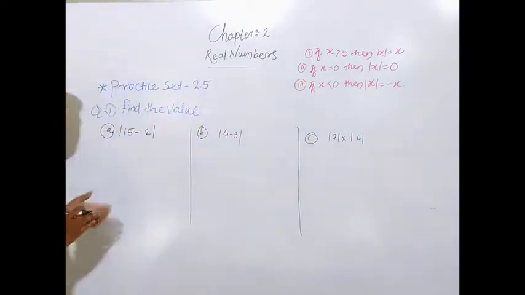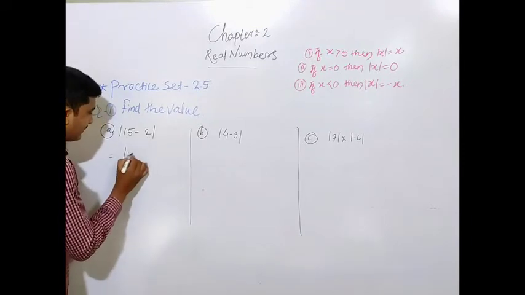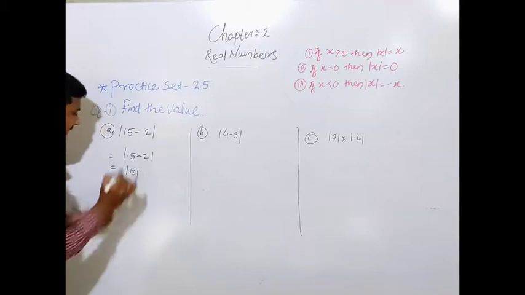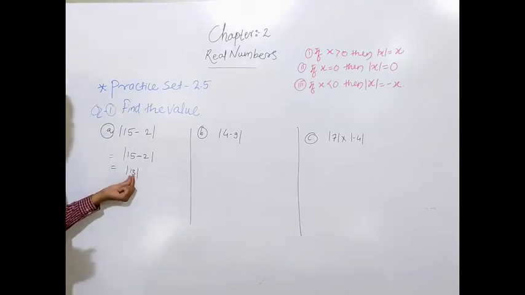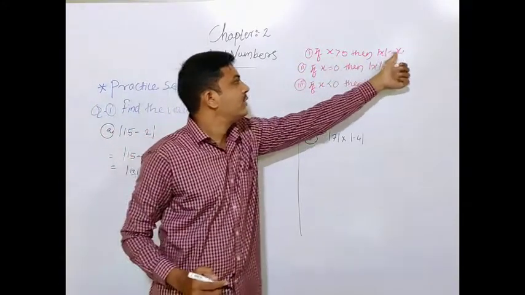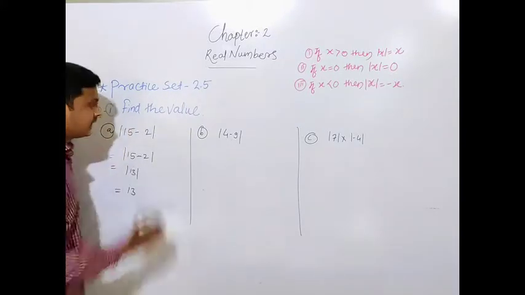First of all, do the subtraction: 15 minus 2. 15 minus 2 is 13. Here, if you consider 13 as x, x is greater than 0, so we take the positive x, and the answer is 13.